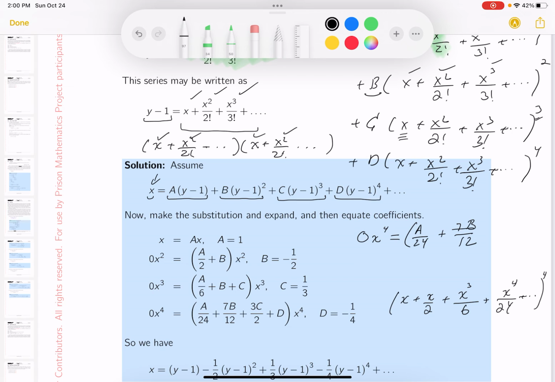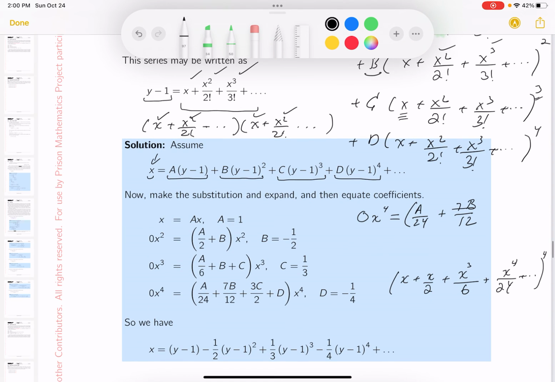Am I doing that right? I can't remember if I just did the C. Yeah, I did the C, I'm on the D, so it is 4 times. I'm sorry about that, I lost track of what I was doing. We're doing the D.